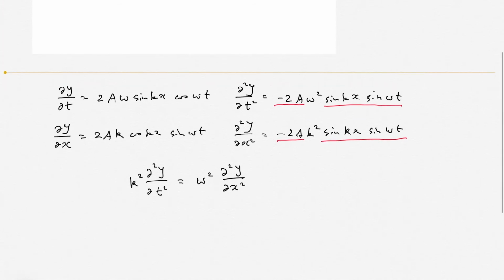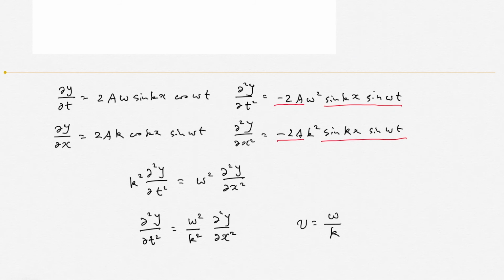From these equations, we find the second derivative with respect to t equals omega squared over k squared times the second derivative of y with respect to x, and v is expressed as omega over k.